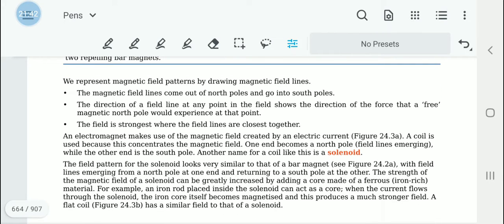Then write down: a coil, within brackets solenoid, can be turned into a magnetic material by allowing an electrical current to pass through it.